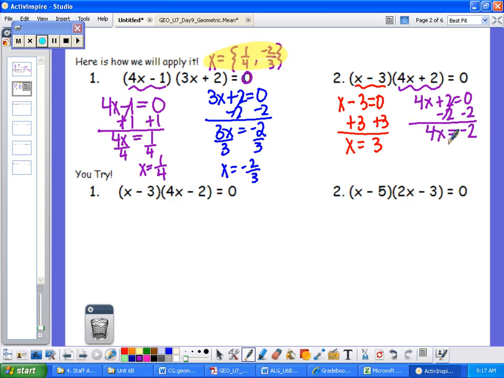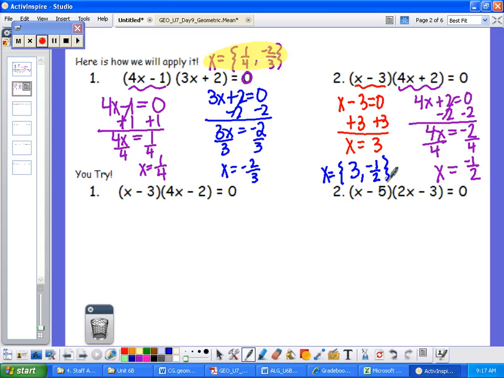Subtract 2, divide by 4, and divide by 4. And I am going to ask that you reduce this fraction. I don't want a decimal really. I'd prefer you just reduce the fraction. Okay? So, let's get our final answer. X is equal to either 3 or negative 1/2.